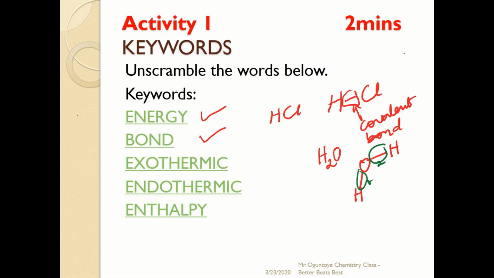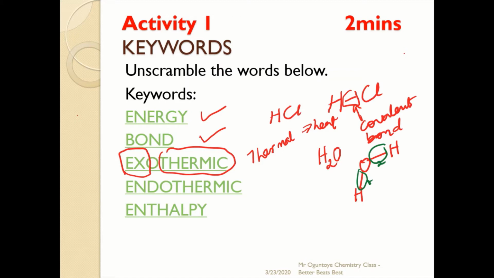So exo and endothermic. The word exo here relates to external. The word thermic is taken from the word therma, which simply means heat. Okay, therma, which means what? Heat. So when you say exothermal, that simply means heat on the outside.